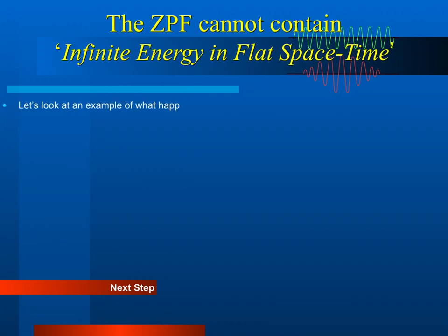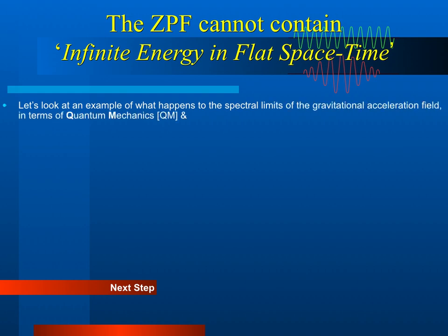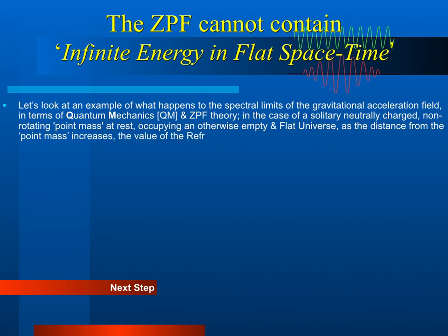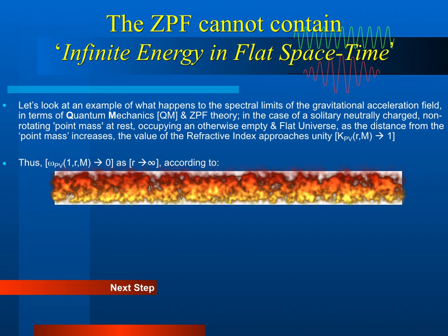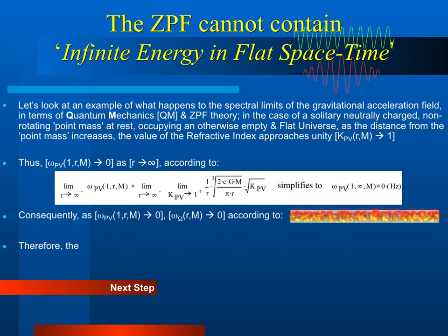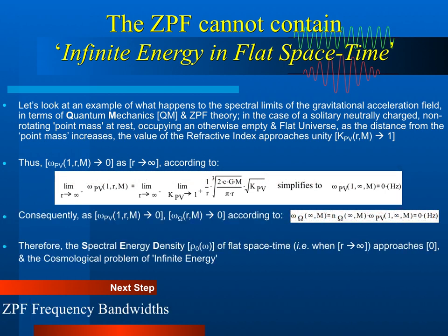Let's look at an example of what happens to the spectral limits of the gravitational acceleration field, in terms of quantum mechanics and zero-point field theory, in the case of a solitary neutrally charged, non-rotating point mass at rest, occupying an otherwise empty and flat universe. As the distance from the point mass increases, the value of the refractive index approaches unity.